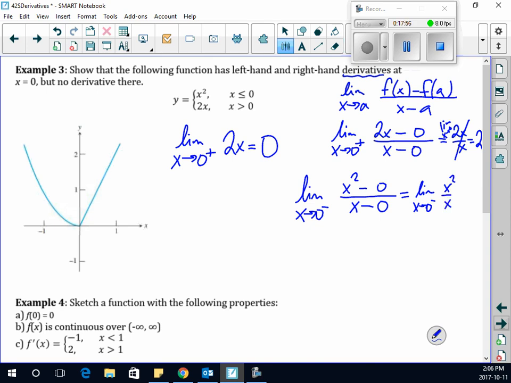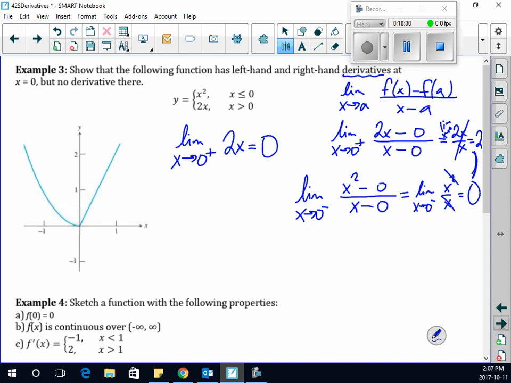If I plug it in just like that, I get 0 over 0. That doesn't work. But I can simplify this because one of these x's will cancel one of these x's. And so what does my limit equal? When I evaluate 0 in there, I get 0. Do you see? And let's look from the left. This is a parabola, but on the left of 0, does it look like it's approximately 0 there? It's pretty much coming to a min there, right?